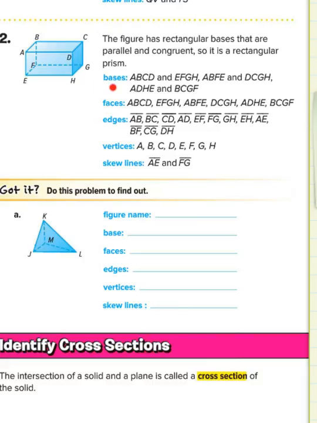Therefore, you'll see the same letters for the faces as the bases. Okay, so that's been established. So for a rectangular prism, the terms base and faces can be interchangeable.